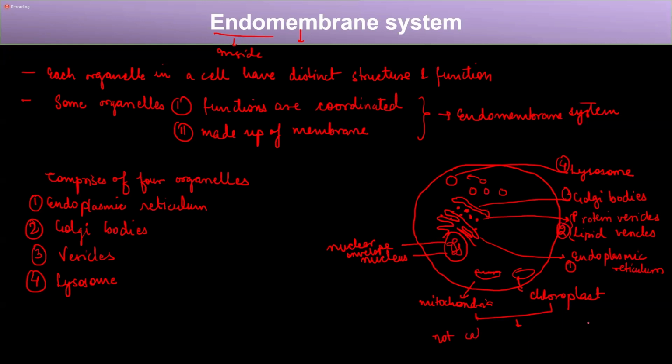Why? Apart from these four, none of these organelles will be called part of the endomembrane system because their function is not dependent on any other organelle. They do not have anything to do with the processing of work done by these organelles, and because of this there are only four organelles that comprise the endomembrane system, not others. So this is what we saw about the endomembrane system.